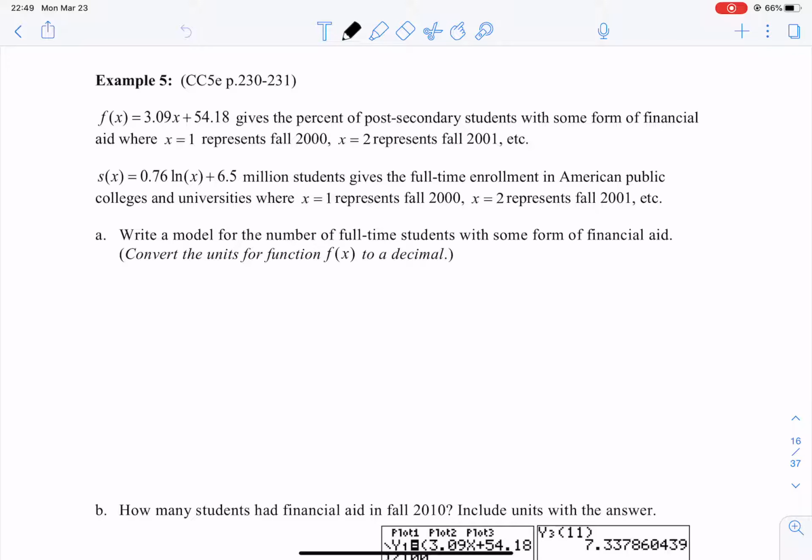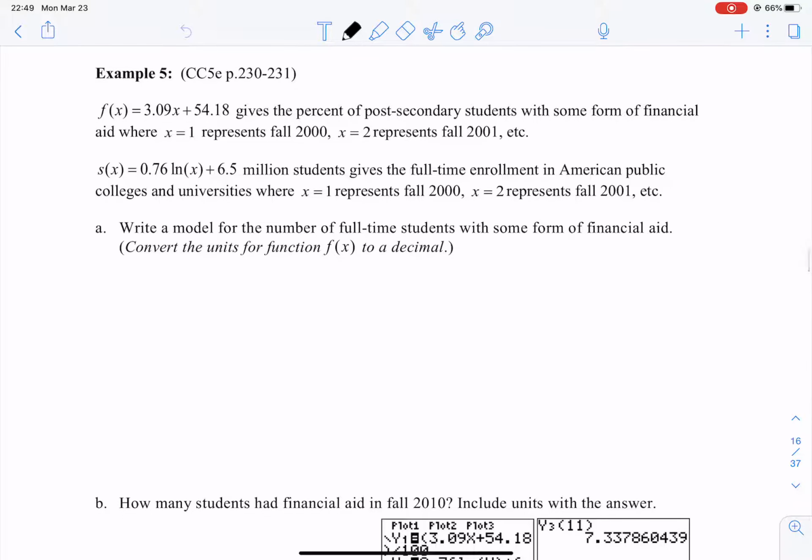So the first one, write a model of the number of full-time students with some form of financial aid. So we know this one is the function multiplication, and only the function multiplication makes sense. And then we generate a new function.